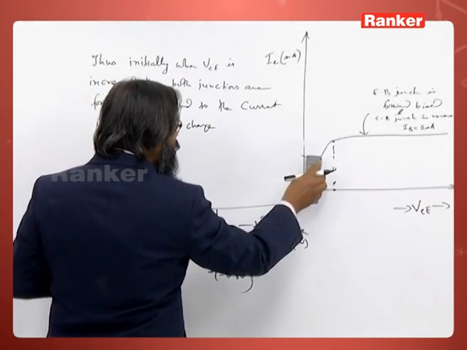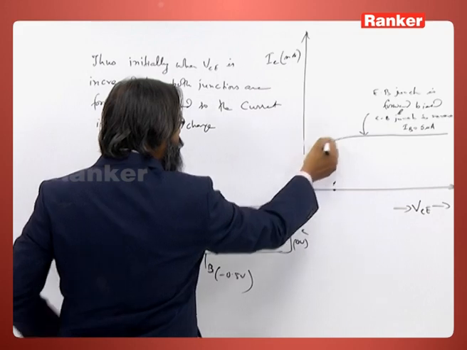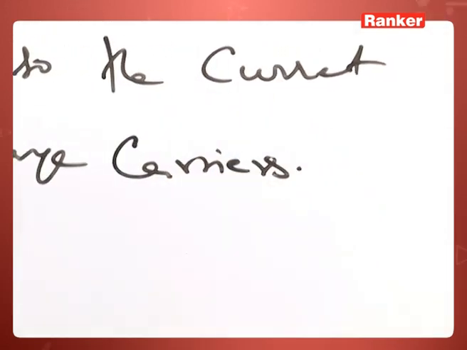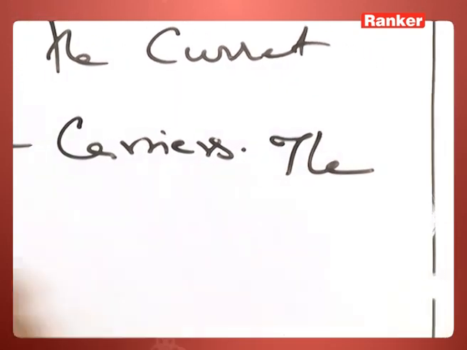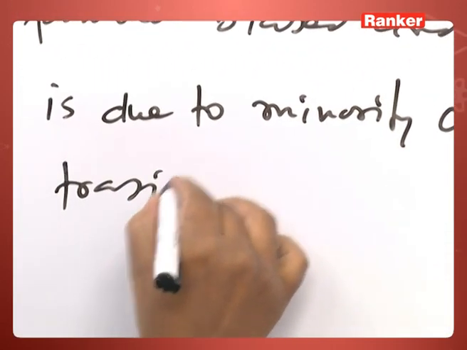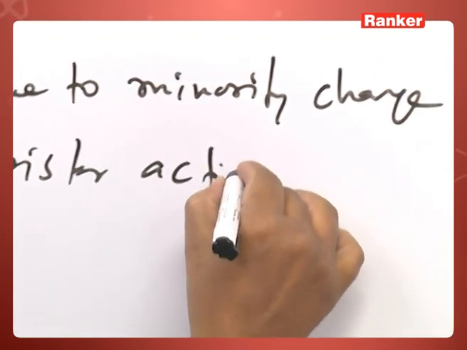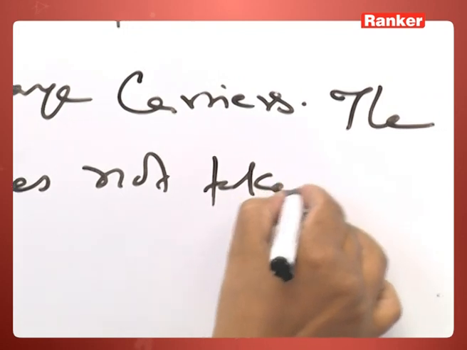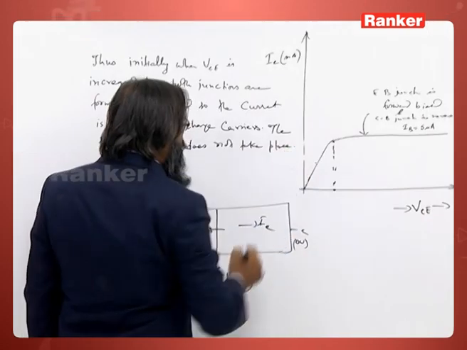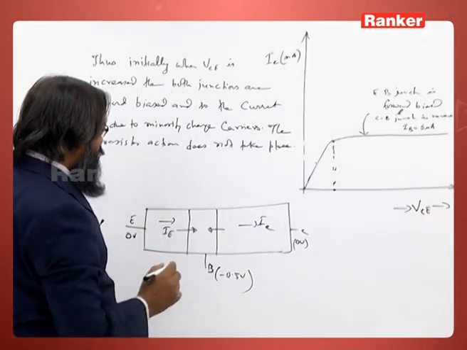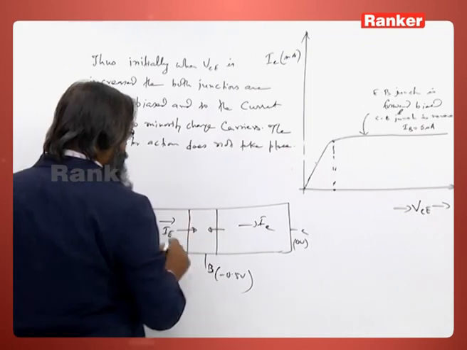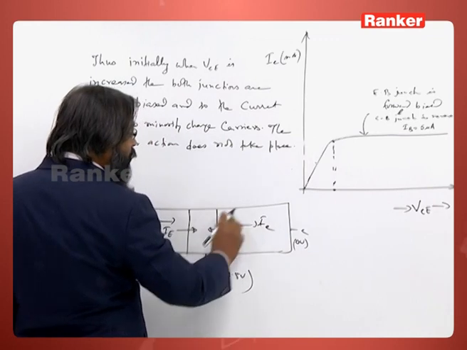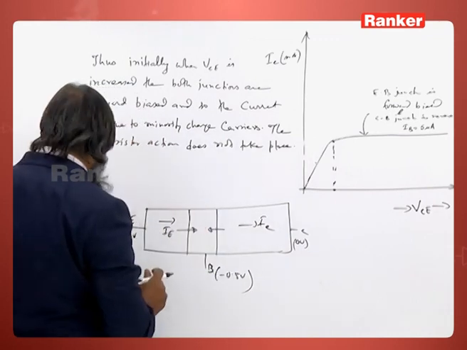So, we are talking about this stage, minority charge carriers. The transistor action does not take place. So, what happens when both are forward biased? The holes will not be able to migrate to this, and so transistor action will not take place.